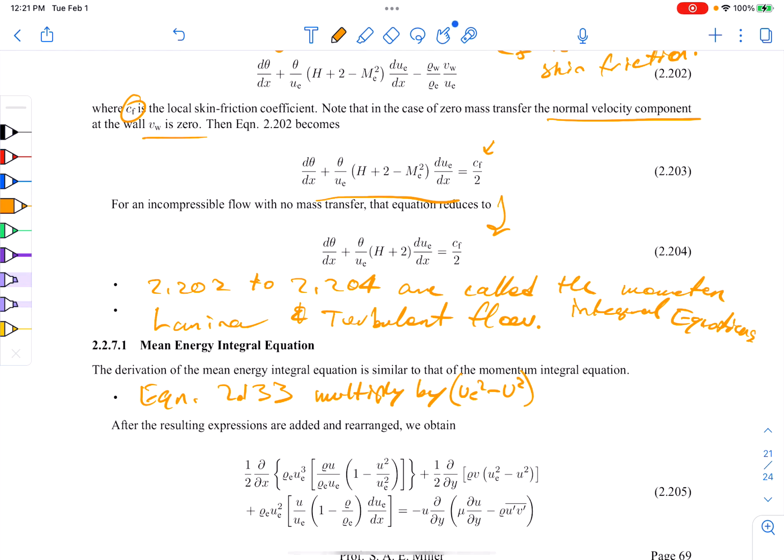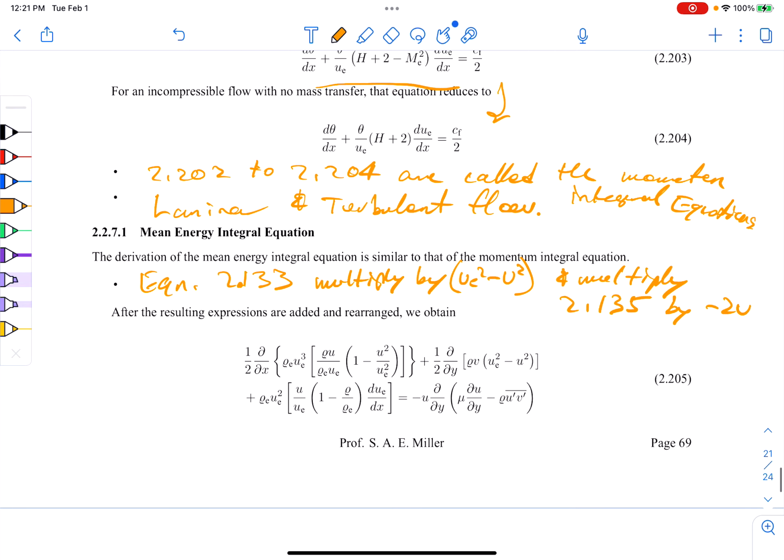That's completely our choice. And multiply 2.135 by negative 2U. That's our choice too. We're just multiplying both these equations through, and we're going to add those two equations and simplify.